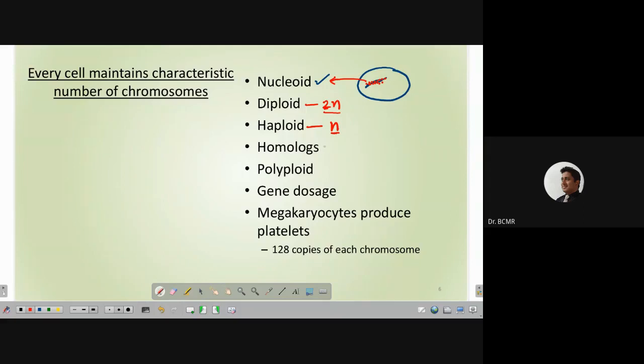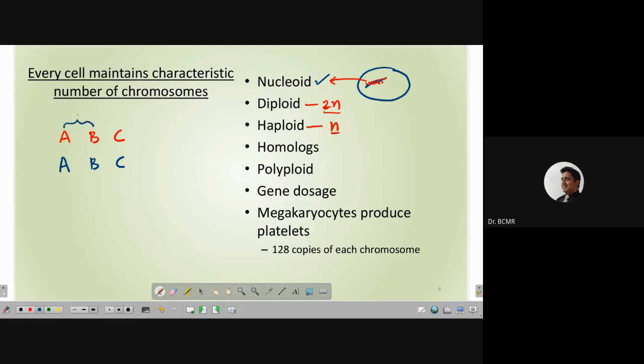What are homologs? Say, for example, a cell has a chromosome A, and chromosome B, and chromosome C. If that particular cell is diploid, then it would have another copy of A, another copy of B, and another copy of C. So which two are homologs?